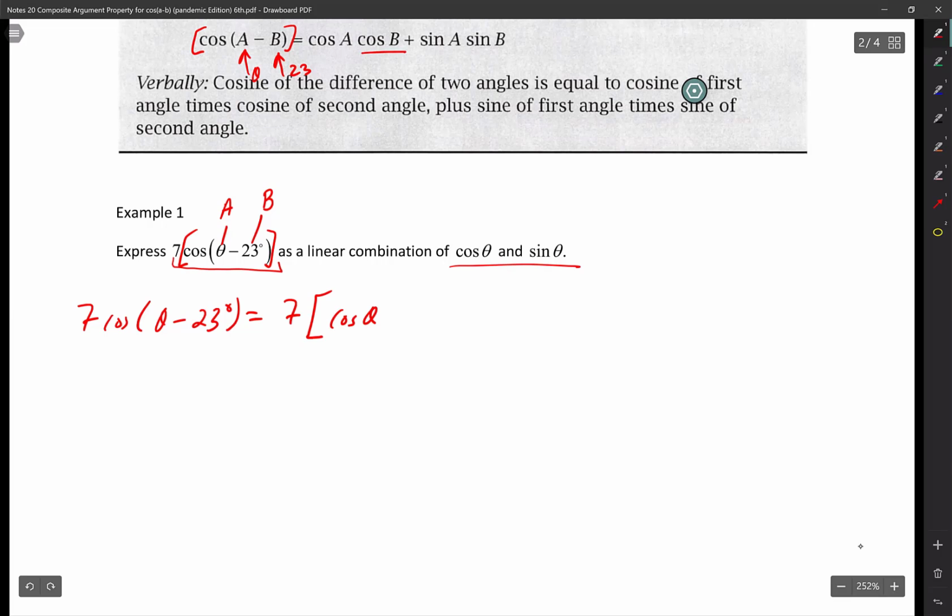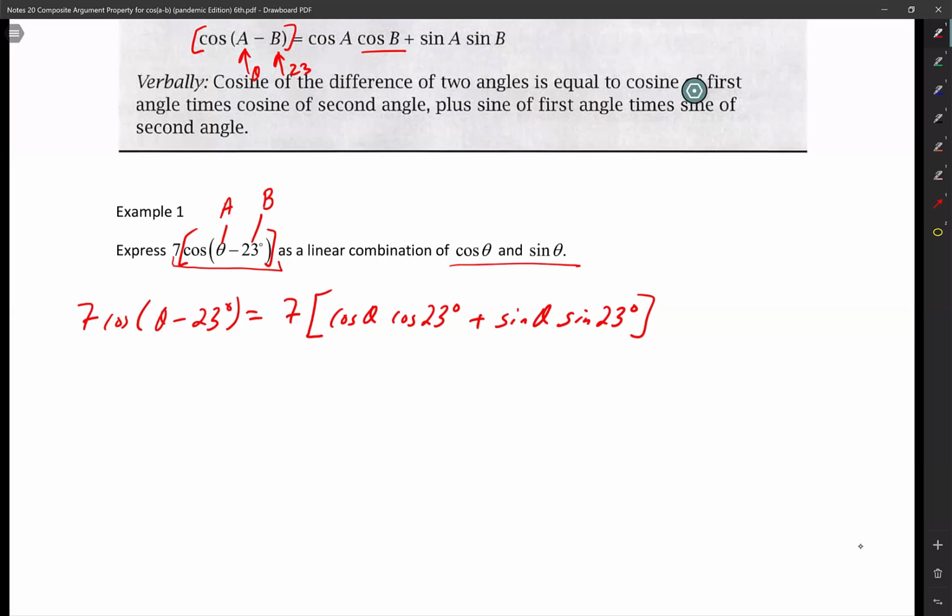And then it says cosine B, so the B is 23, so I write cosine 23 degrees. And then it says plus, so I write plus sine theta, sine 23 degrees. And bracket, close. Now I'm just going to distribute the 7, guys.